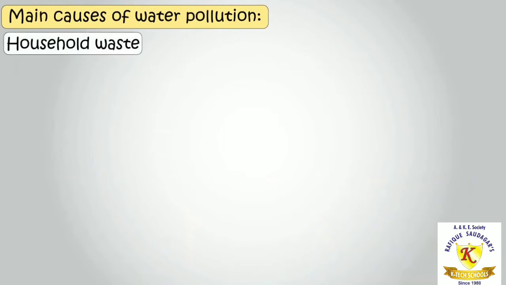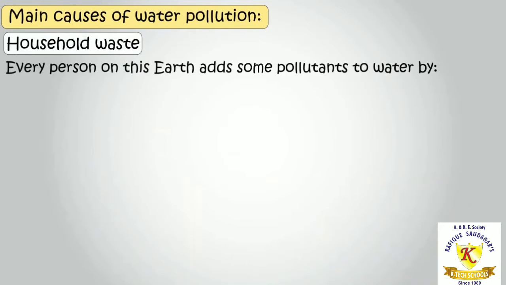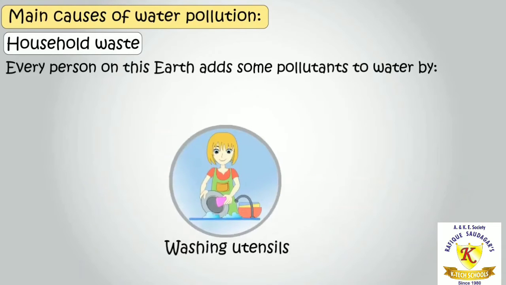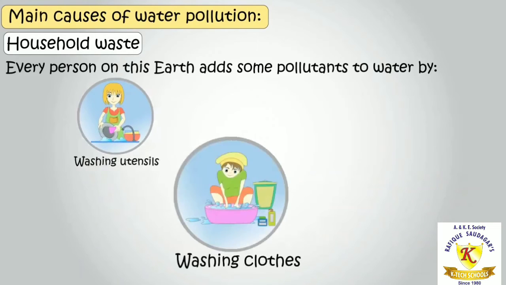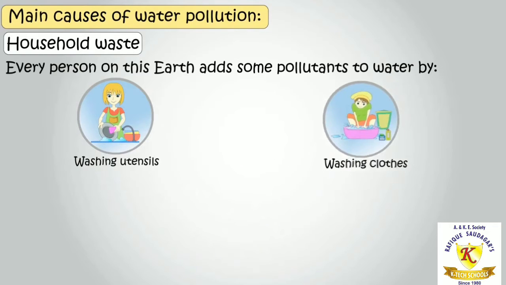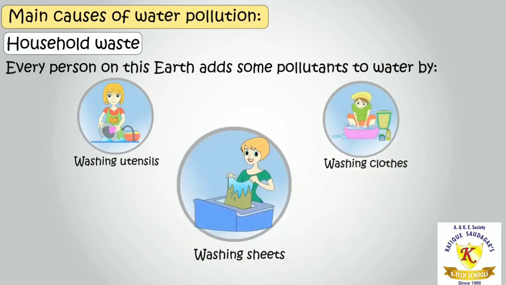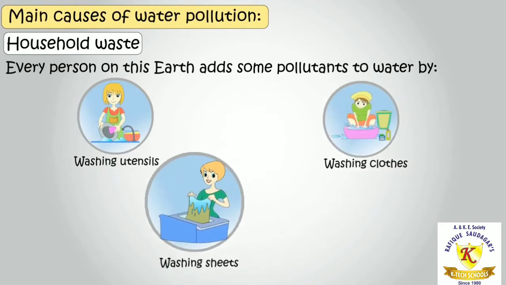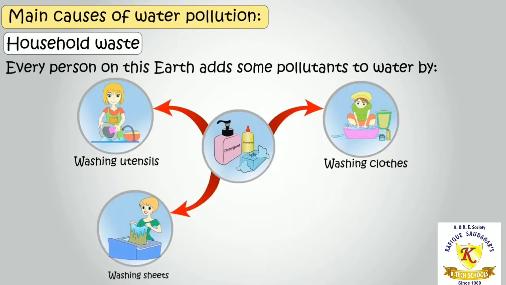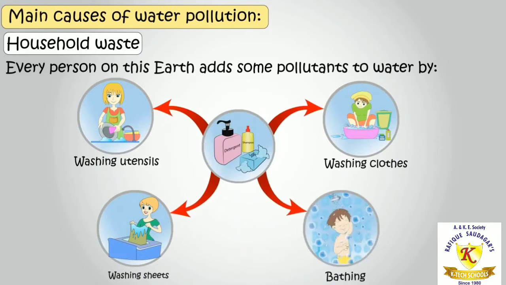The next reason is household waste. Every person on this earth adds some pollutants to water by washing utensils, washing clothes, washing the sheets. These are washed in every house using some kinds of detergents and soap.